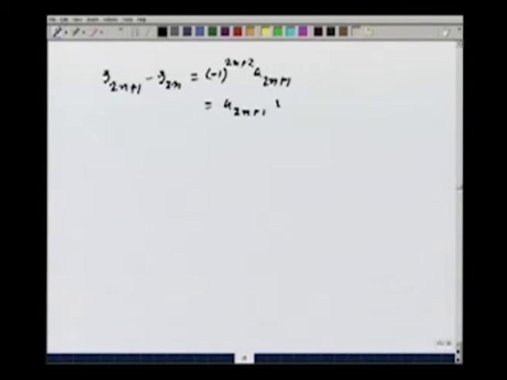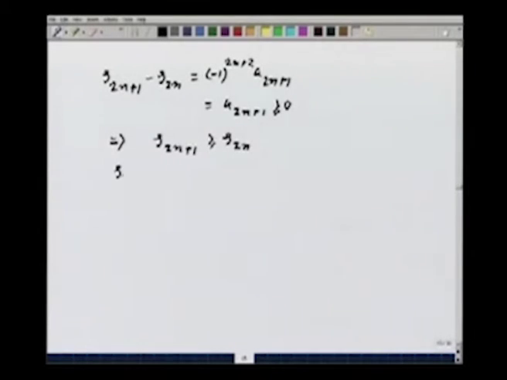So I get that this is bigger than 0 because all the terms are non-negative. So this implies that S2n plus 1 is bigger than or equal to S2n. Now I have two more pieces of information about S2n and S2n plus 1. I have already seen that S2n is increasing and S2n plus 1 is decreasing.